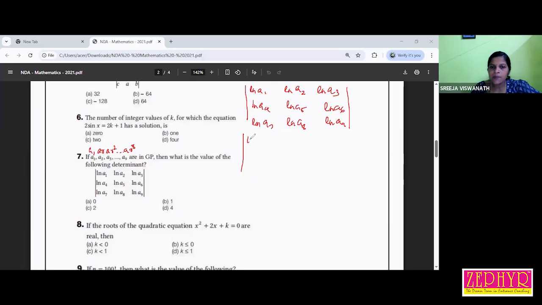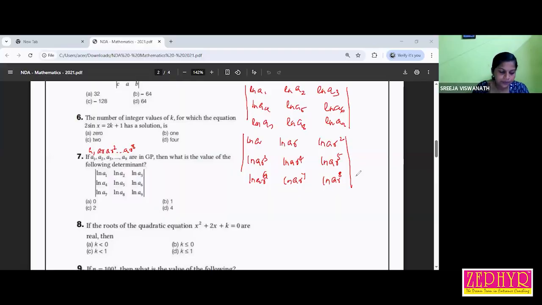That is, first term log A, second term log AR, third term log AR square, log AR cube, log AR raised to 4, log AR raised to 5, log AR raised to 6, log AR raised to 7, log AR raised to 8. Now, what is the next step?